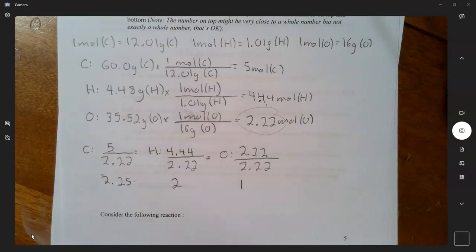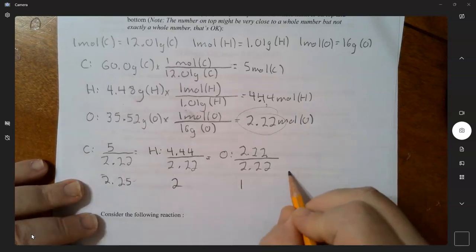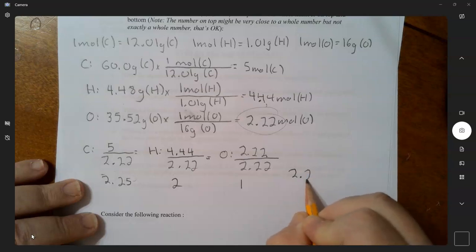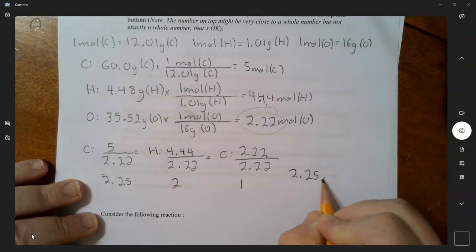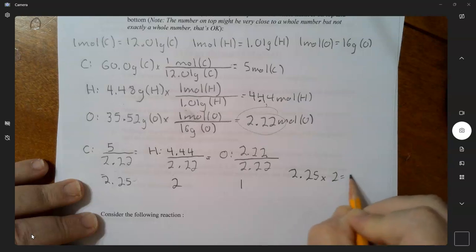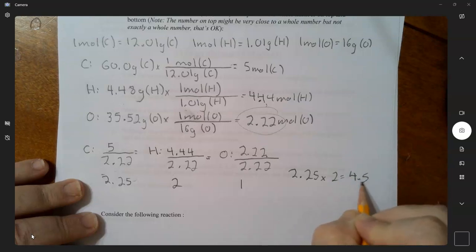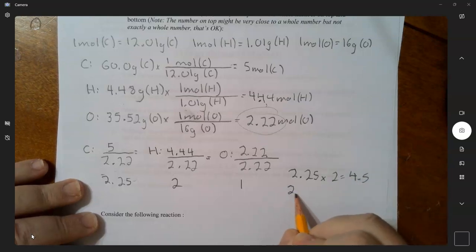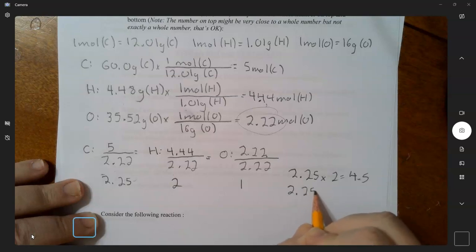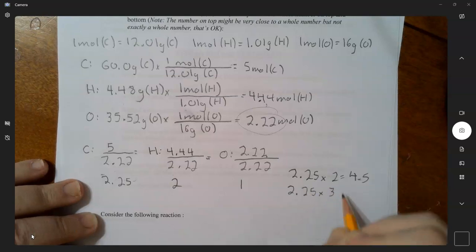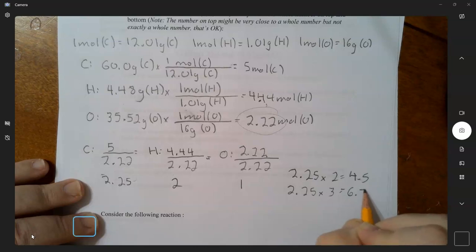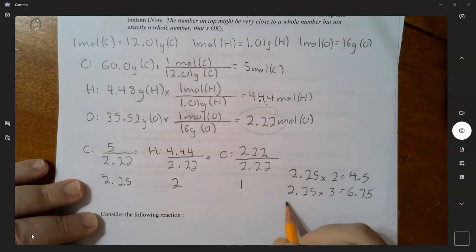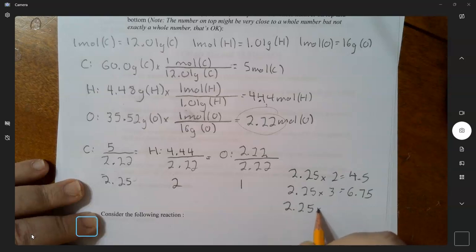Okay, so 2.25 is not a whole number, so we multiply by 2. We get 4.5, that's not a whole number, so we go to the next whole number, 2.25 times 3. 6.75, still not a whole number. 2.25 times 4, and that's going to give us 9.